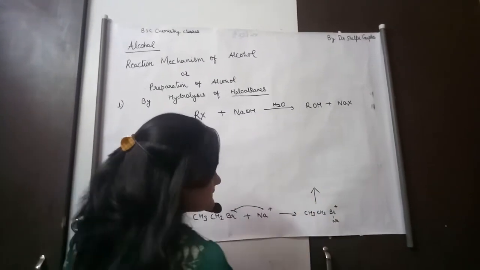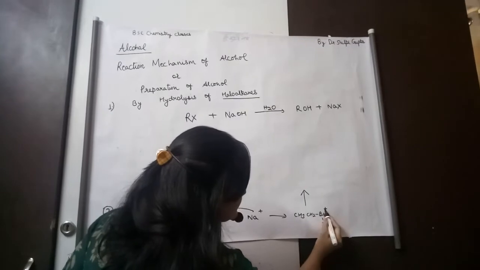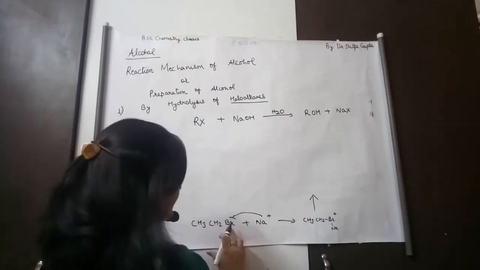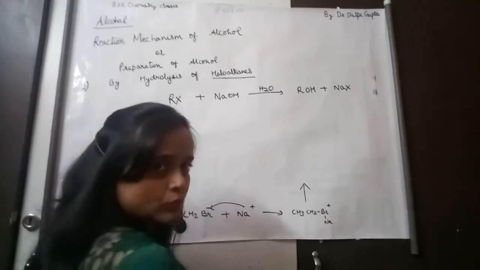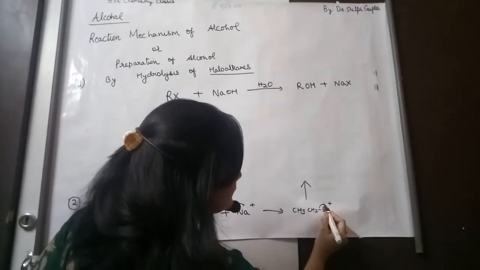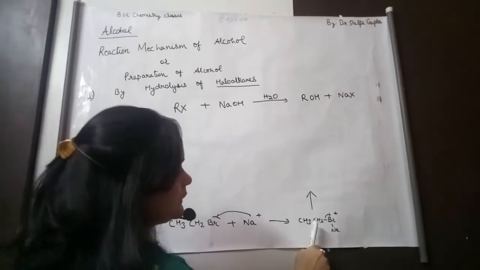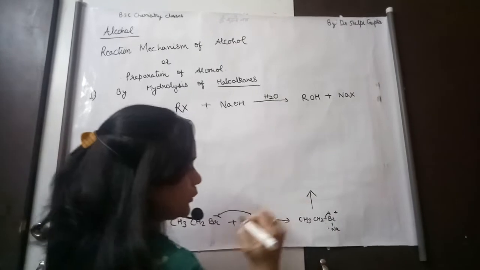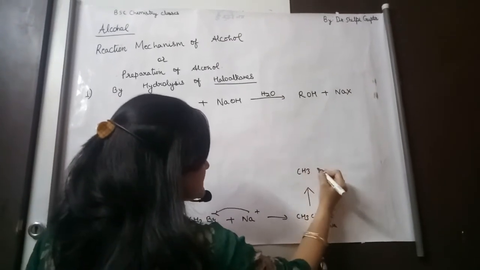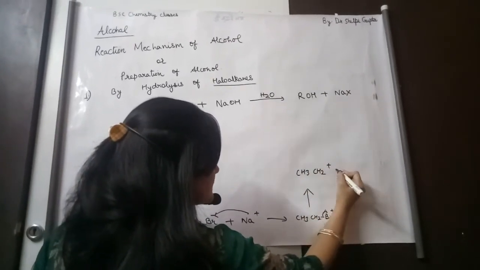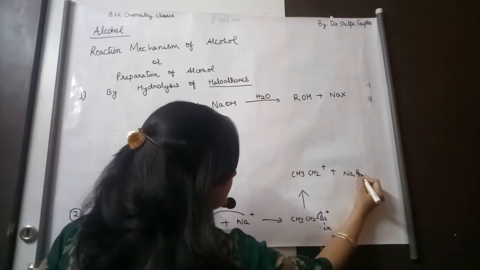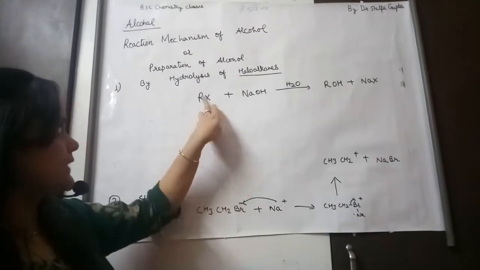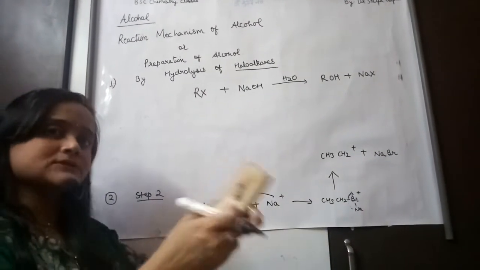What will happen in the next step is it has a plus charge, meaning it is deficient of electrons as it shared its electrons with sodium. So it will take the lone pair of electrons from the CH2Br bond and will break down. And what will form is CH3CH2 plus NaBr, like this.